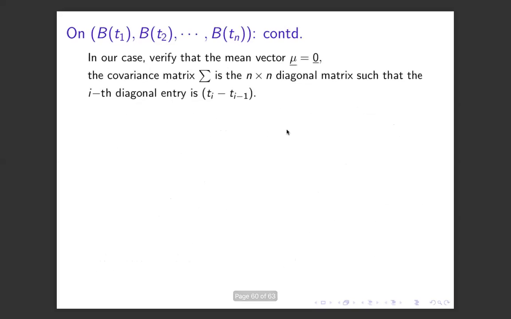That's what we are saying. The mean vector mu is 0, and the covariance matrix sigma is the n cross n diagonal matrix, that means off-diagonal entries are 0, such that the ith diagonal entry is ti minus t(i-1).